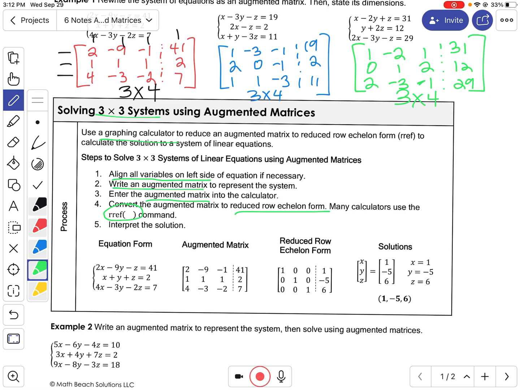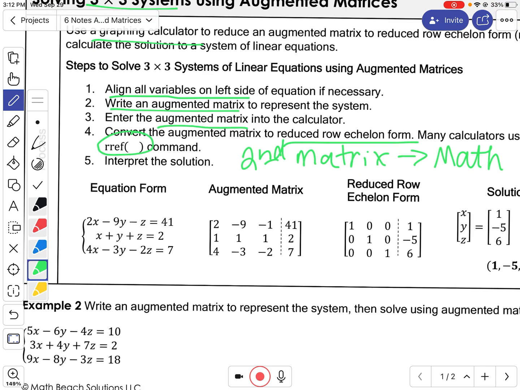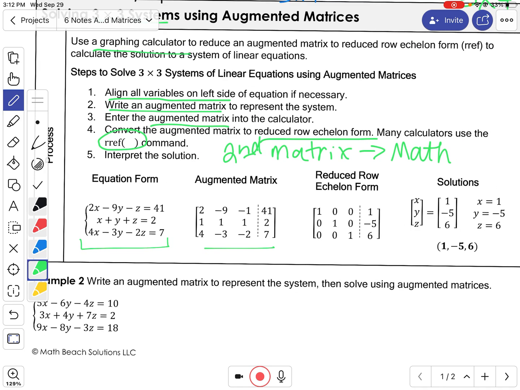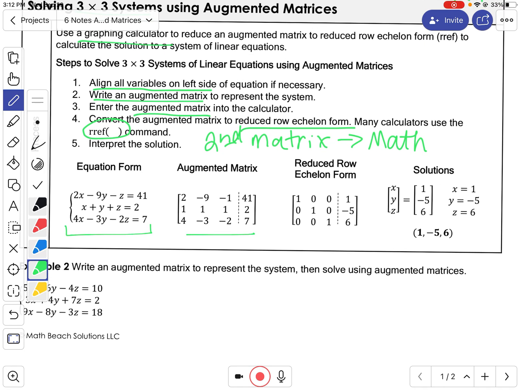To get to that, you're going to do second matrix. You're going to go over to math, and we'll look in just a second at what number that is. Then we're going to write the equation. So we have our equation form, we have our augmented matrix, and then this is going to be our answer that we get from the calculator.